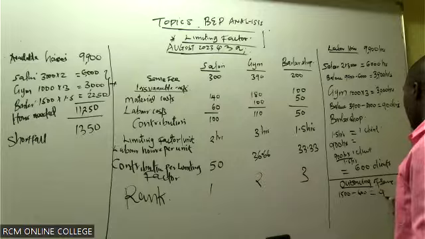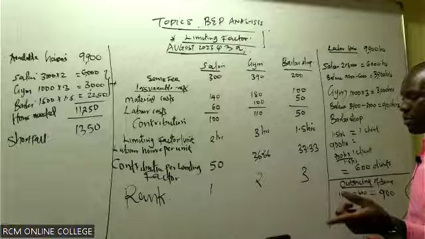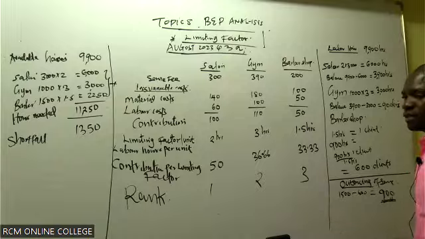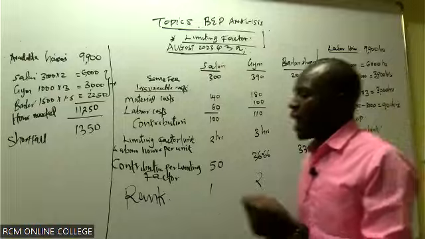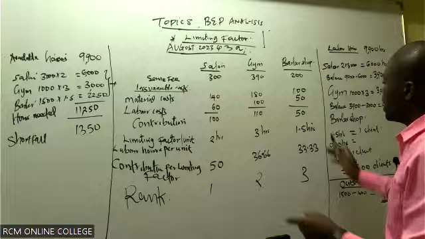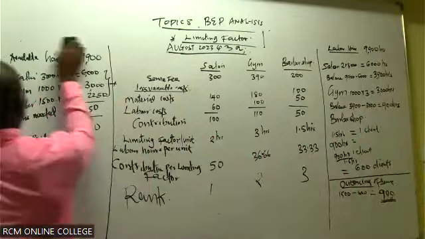So the 900 that are remaining, we are going to outsource this service from somewhere. So that is what we have if we are dealing with service. If you are dealing with goods, this is what you are going to do.